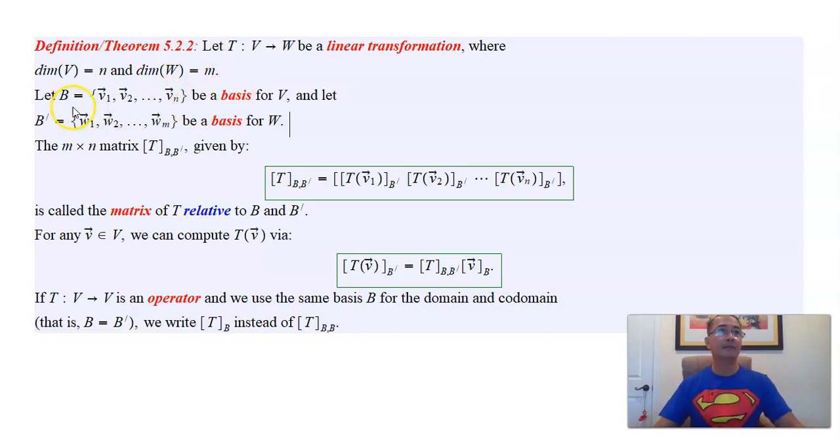So let us fix a basis B, V1 through Vn, for the domain V, and a basis B prime, W1 through Wm, for the codomain W. The m by n matrix, denoted the matrix of T with respect to B and B prime, is given by the formula: in column 1, find the coordinate matrix of T of V1, the first vector in B, with respect to B prime, the basis for W. Okay, so compute T of V1, find the coordinate matrix of T of V1 with respect to B prime, and assemble that into the first column of this matrix.